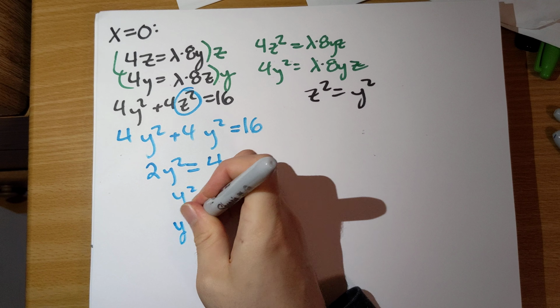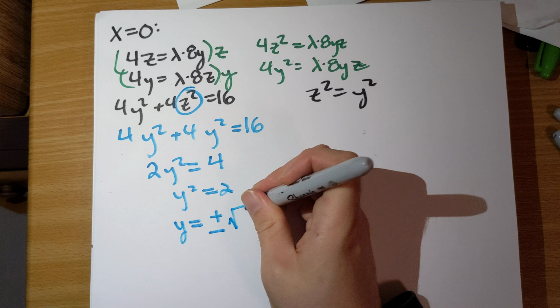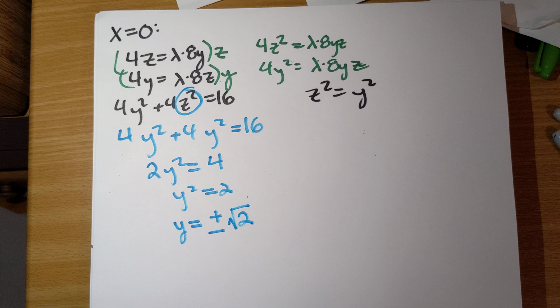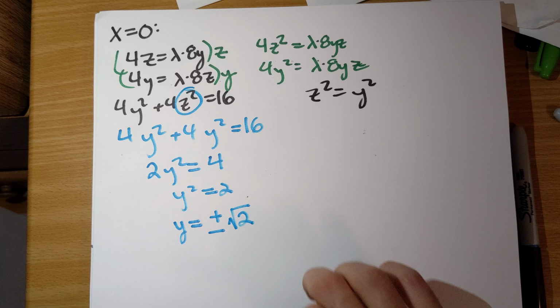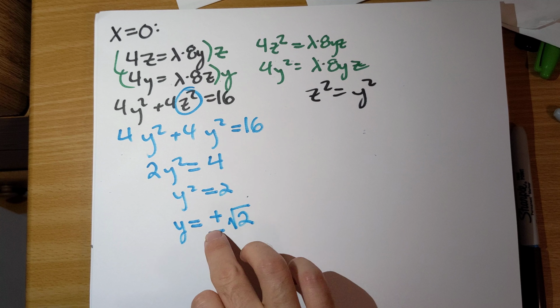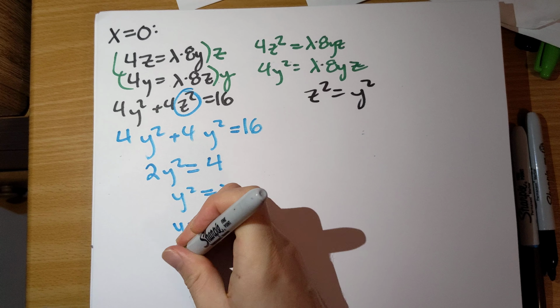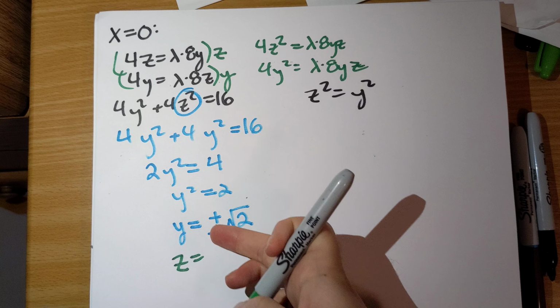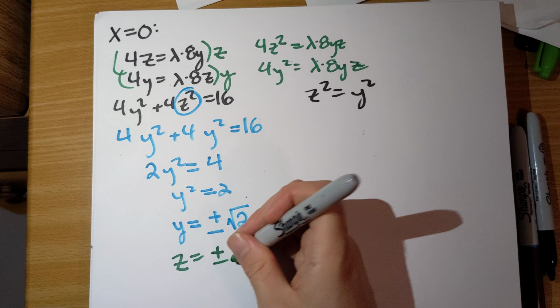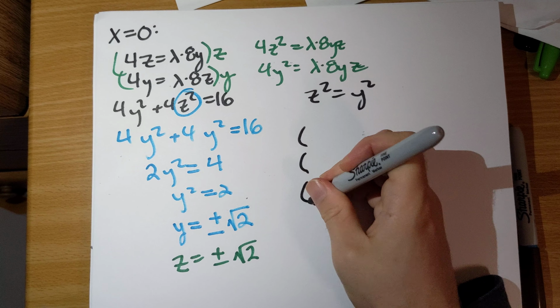And so y is either equal to plus or minus square root 2. Okay, so if y is equal to plus or minus square root 2, z squared is equal to 2, so z is also equal to plus or minus square root 2.